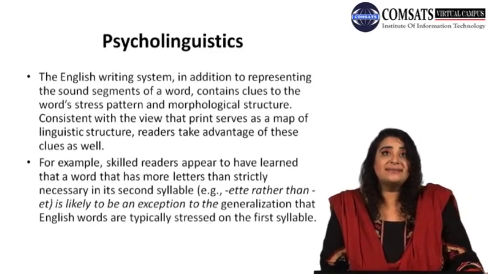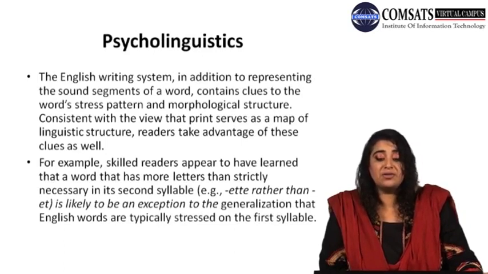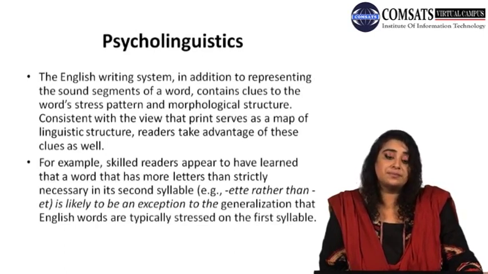So the English writing system, in addition to representing the sound segments of a word, contains clues to the word's stress pattern and morphological structure. Consistent with the view that print serves as a map of linguistic structure, readers take advantage of these clues as well.